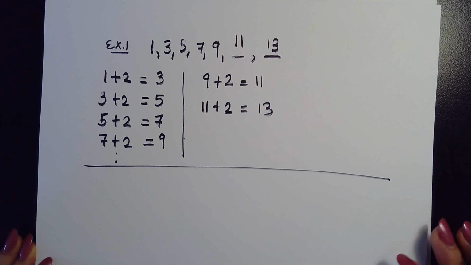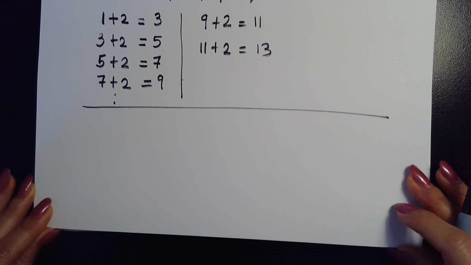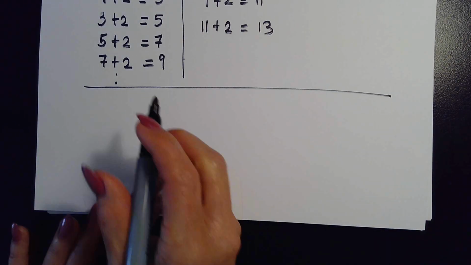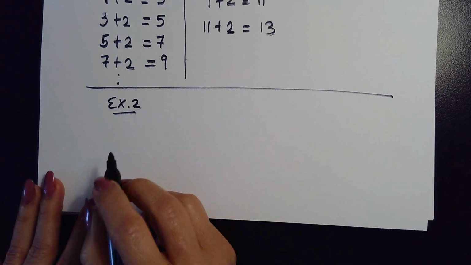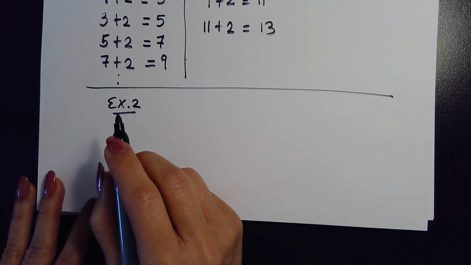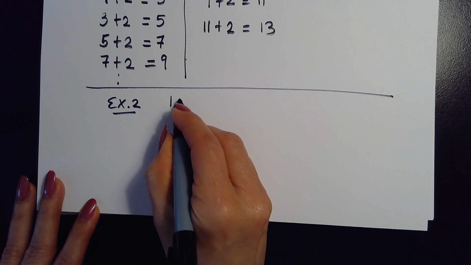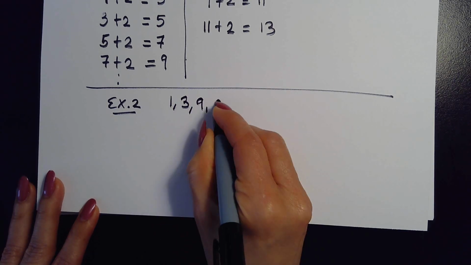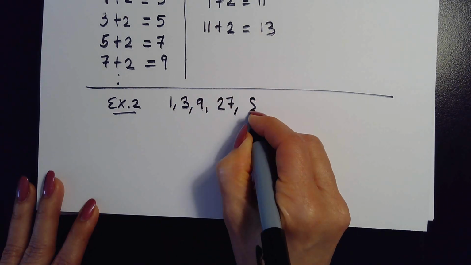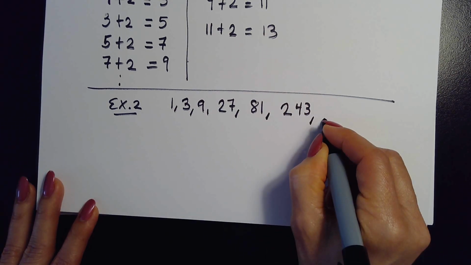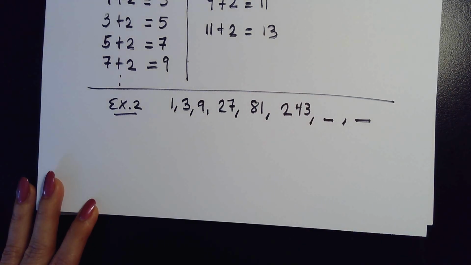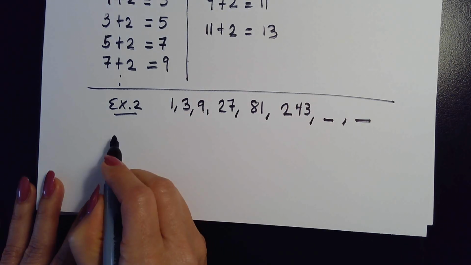So let me erase the paper a little bit, and let's look at number 2. I'll do a few problems so that you can understand what we are supposed to do here. So 1, 3, 9, 27, 81, 243, and then we need to find the next two items. Again, same process.